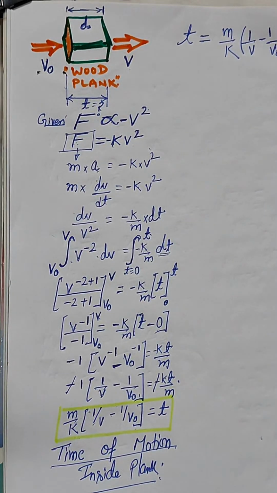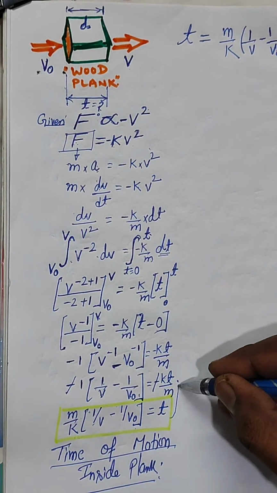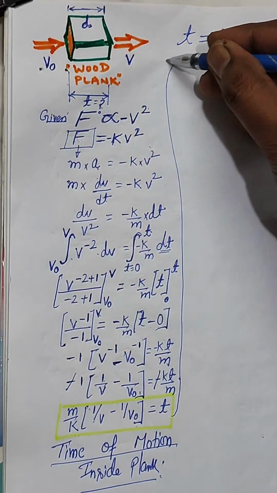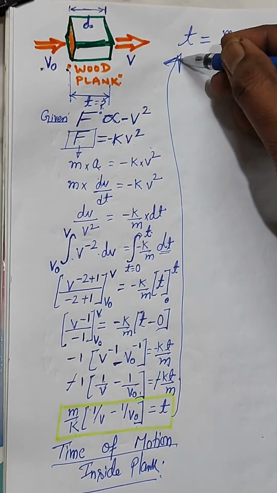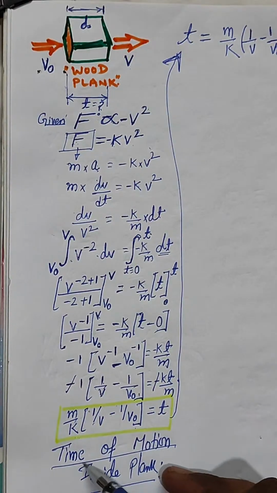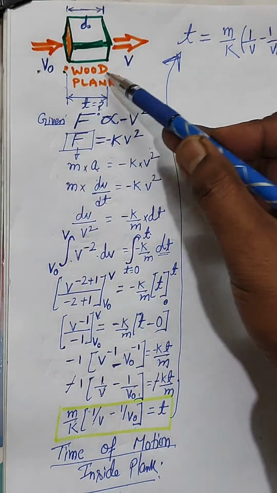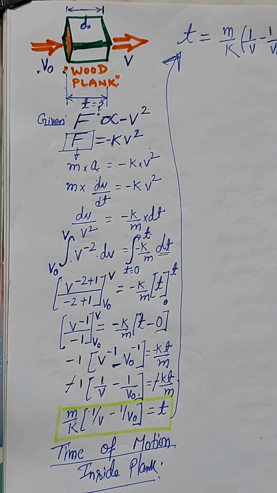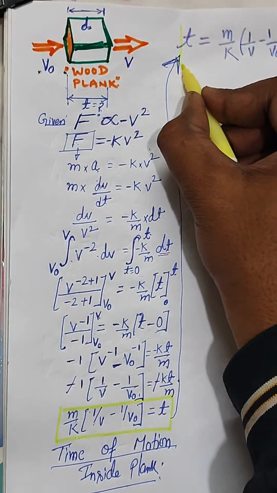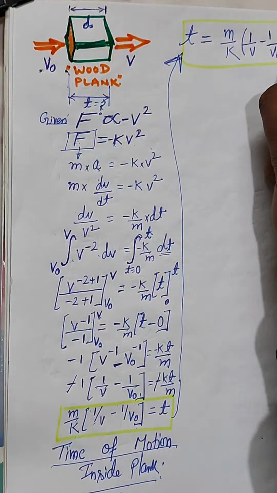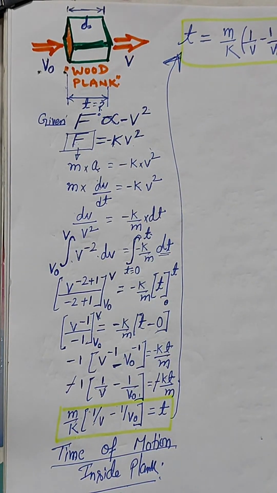This was the derivation. Due to the lack of space, I am just writing it over here. So time of motion inside the plank is calculated as t equal to m by k, 1 by v minus 1 by v0, right?